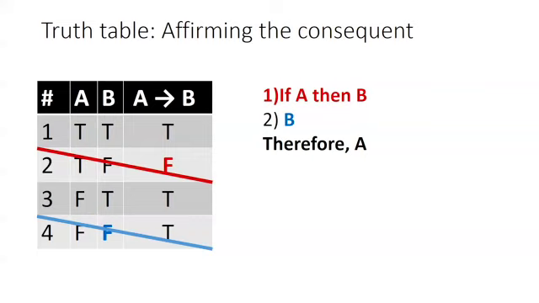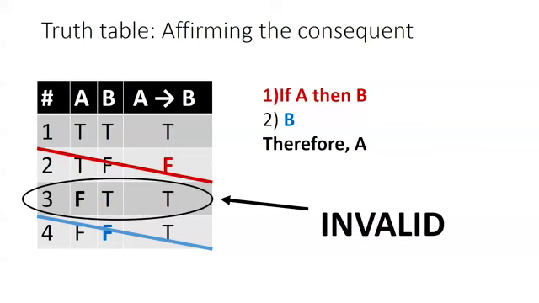Now, in scenario number 1 and scenario number 3, B is true. And in scenario number 3, A is false. So what we found here is that if these two premises are true, that still leaves a logical possibility in which A is false. Therefore, we cannot conclude on the basis of these two premises that A is true, and the argument is invalid.